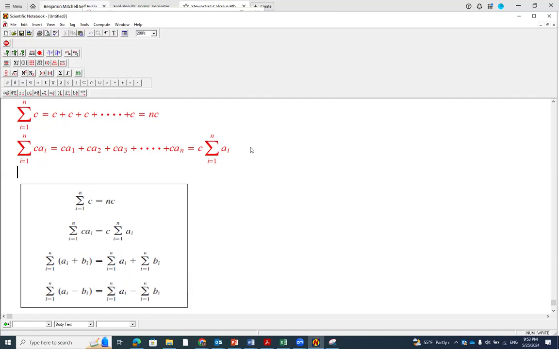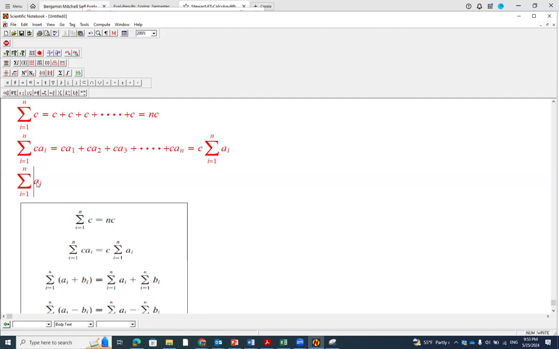Okay, the third one is that we have a summation of a sub i plus b sub i. What does that mean? For i equals 1, we have a1 plus b1.